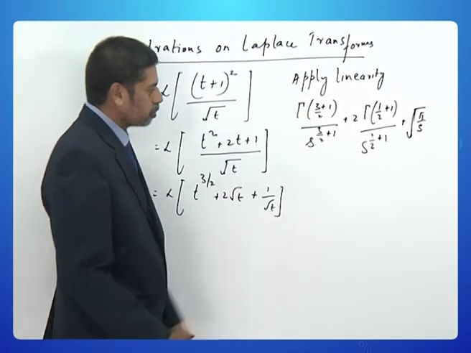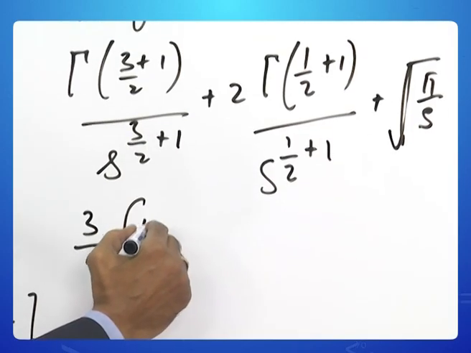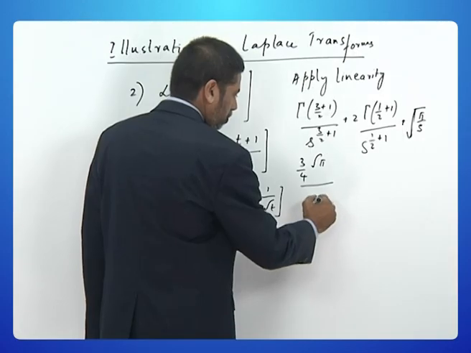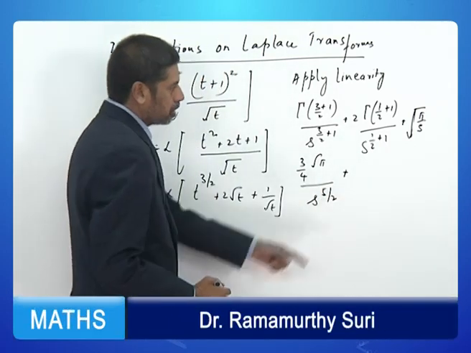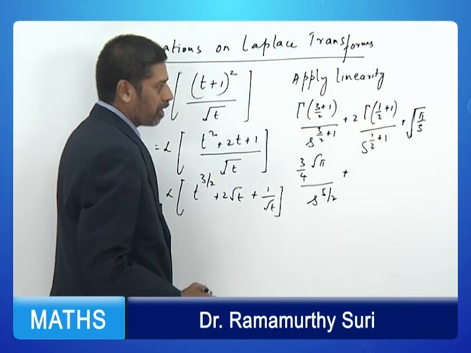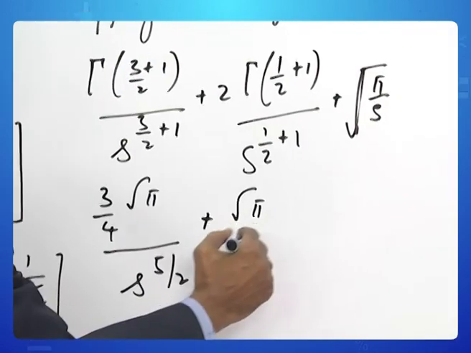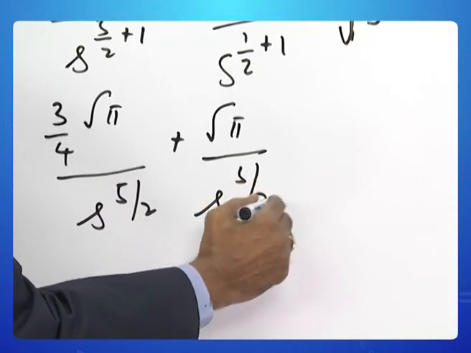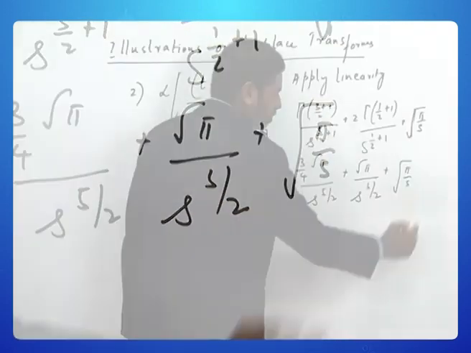Now gamma of 3 by 2 plus 1 will be 3 by 4 root pi by s power 5 by 2. Gamma of half plus 1 will be half into gamma half. So therefore half and 2 will get cancelled. You will get root pi by s to the power of 3 by 2 plus root of pi by s.